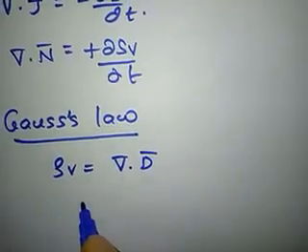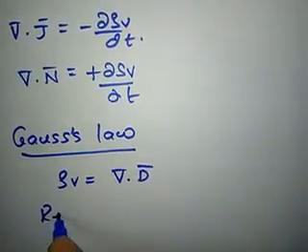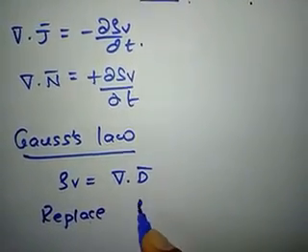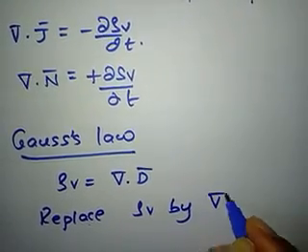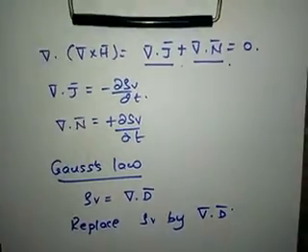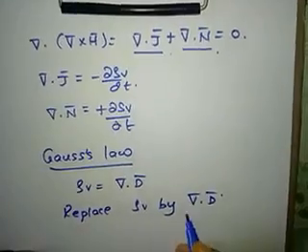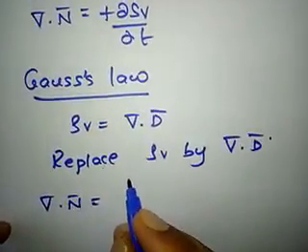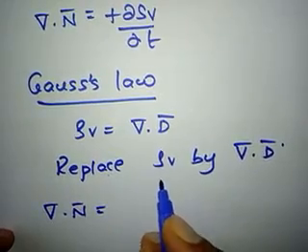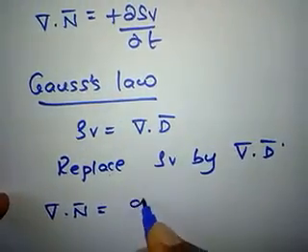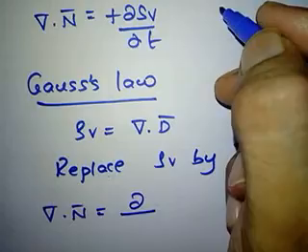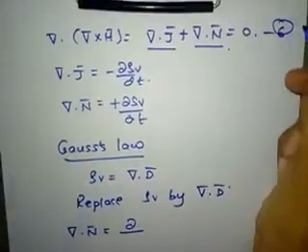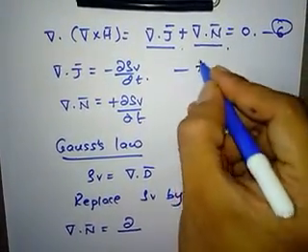Now in the above equation, replace rho v by del dot d bar. So what do we get then? Let us take this as equation 6, this as 7, and this as 8.